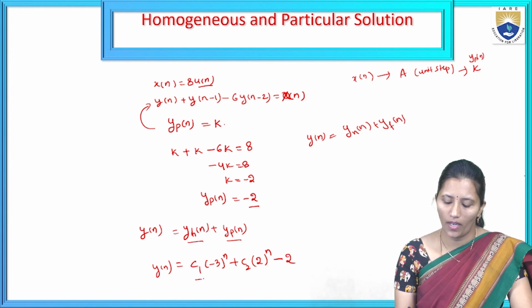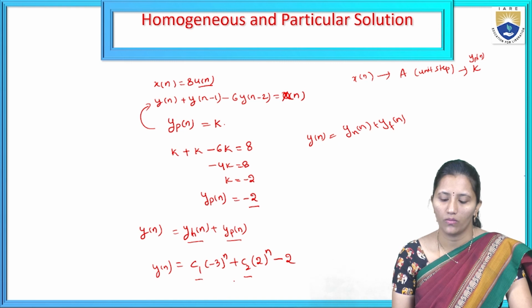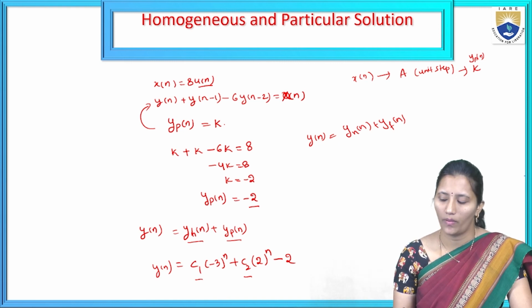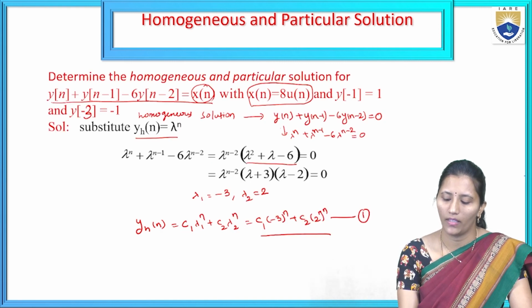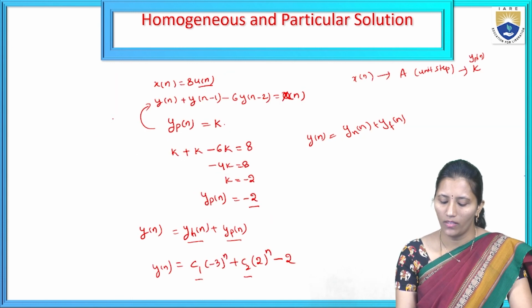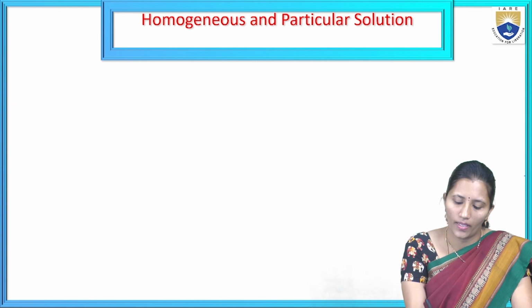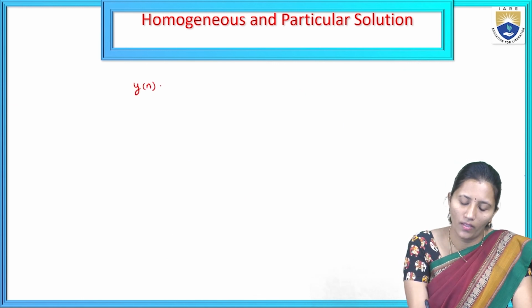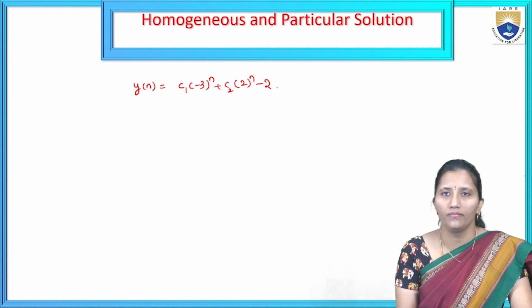But we have to find the values of C1 and C2 by using the initial conditions of the system. The initial conditions given are y of minus 1 is equal to 1, y of minus 3 is equal to minus 1. So y of n is C1 (minus 3) whole power n plus C2 2 power n minus 2.